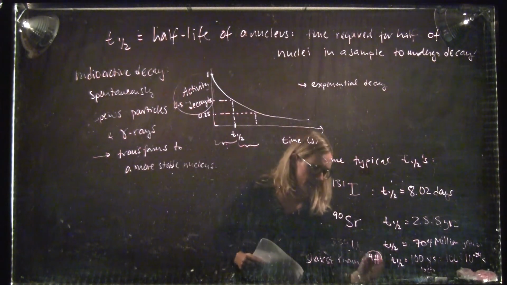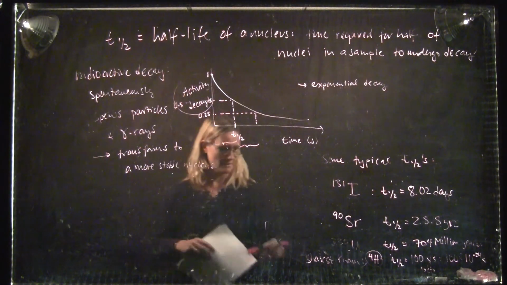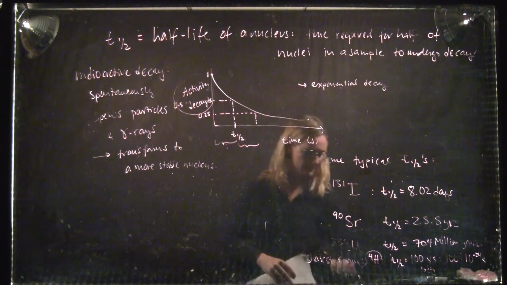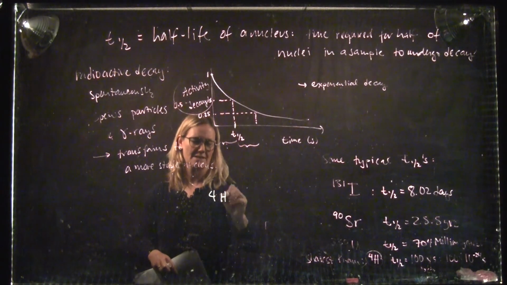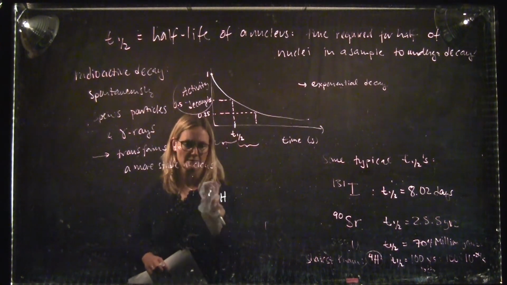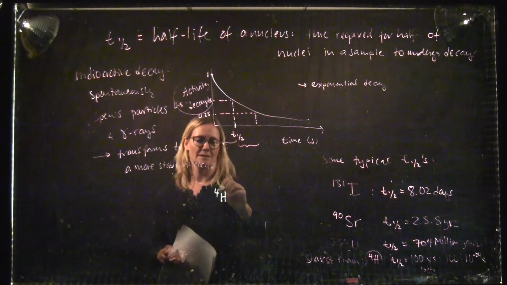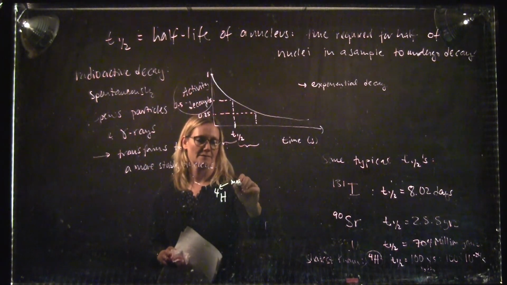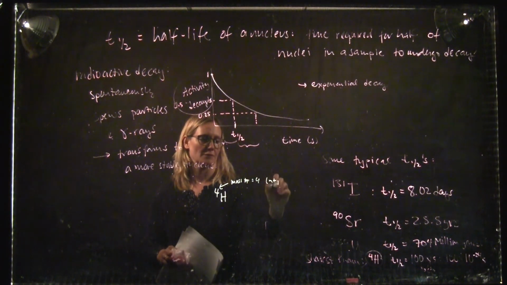And just to remind you of our nuclide designation. So the symbol 4H, that should be a superscript. So this means that the mass number is the total of neutrons plus protons.